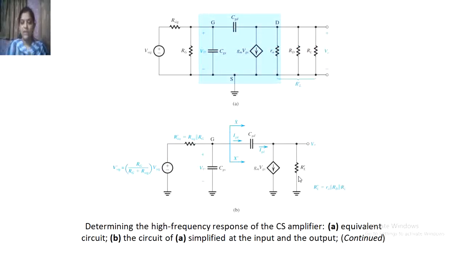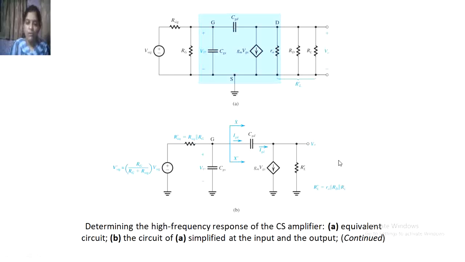So for determining the high frequency response of the CS amplifier, the equivalent circuit is shown in figure A. And circuit B is nothing but the simplified circuit at the input and output side.